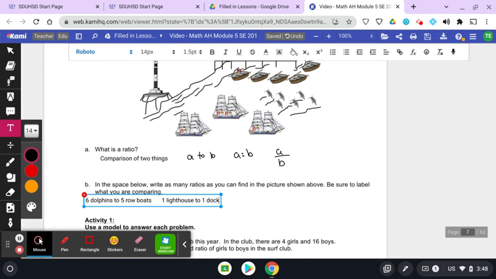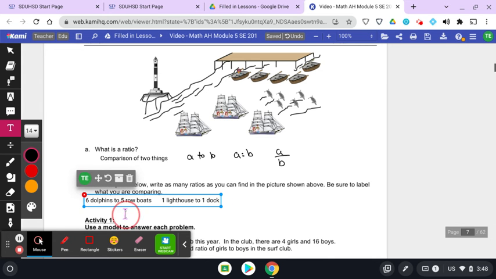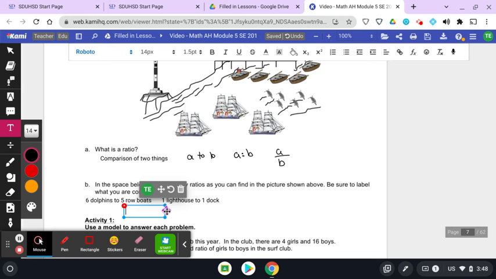Okay, or I could say 3 sailboats to 6 dolphins, and then that one I would have to reduce because it's not reduced. So if I say 3 sailboats to 6 dolphins, that's not reduced. So then I would want to reduce that. That is 1 sailboat for every 2 dolphins.